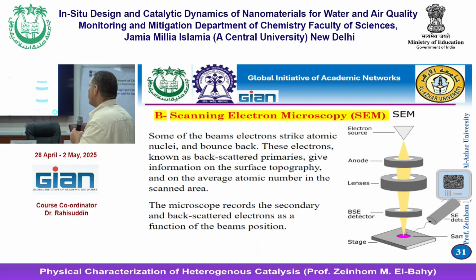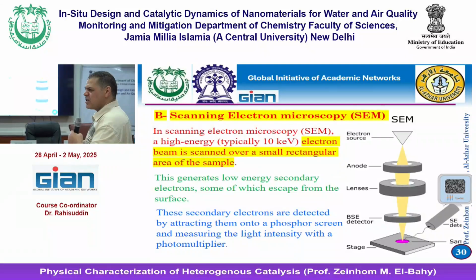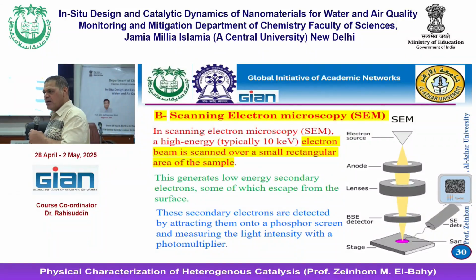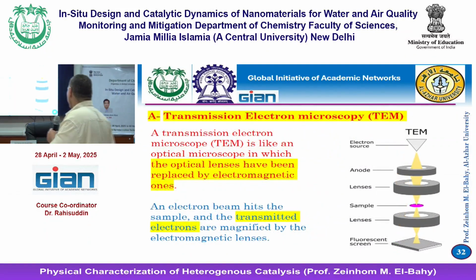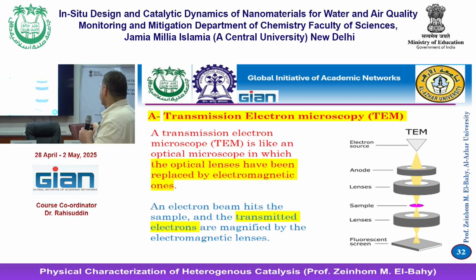In TEM, transmission electron microscope, the story is a little bit different. How? Of course, they have the same electron source and the lenses to filter and condense these electron beams, and it goes to the sample.